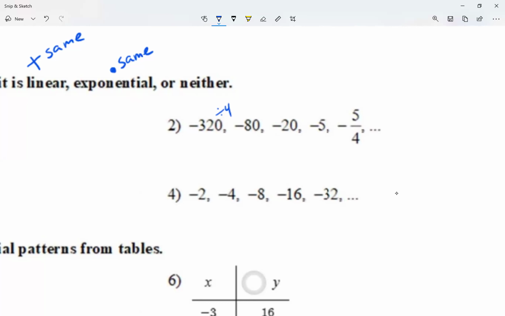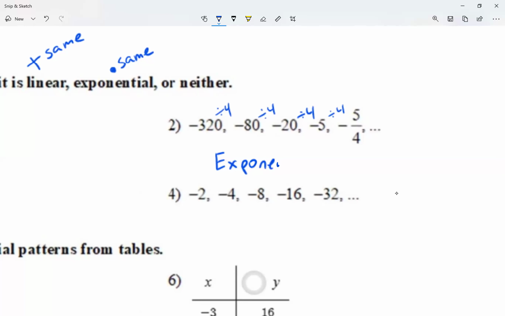So I'm going to see if dividing by 4 continues working all the way through. Negative 80 divided by 4, it works. Negative 20 divided by 4 is negative 5, so it works. Negative 5 divided by 4 is negative 5 over 4. Yeah, it works. Remember, a fraction is division, so it's just 5 divided by 4. So I keep on multiplying or dividing by the same thing. So I'm going to call this exponential.